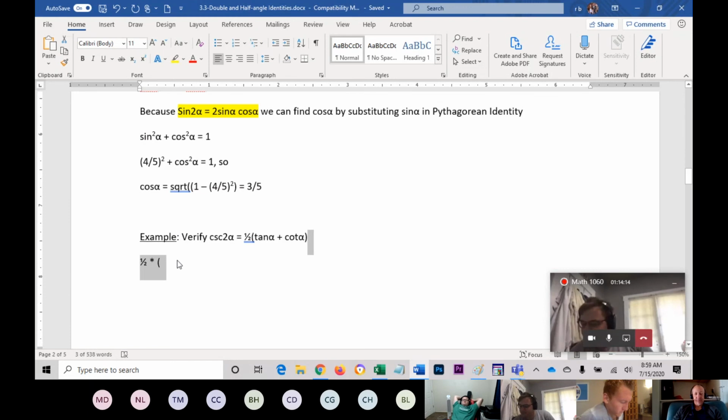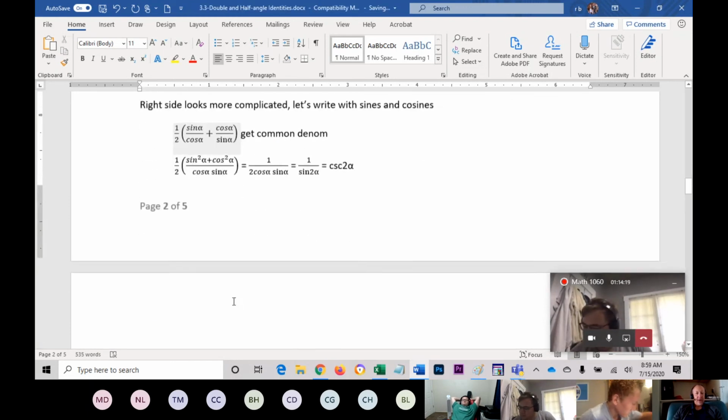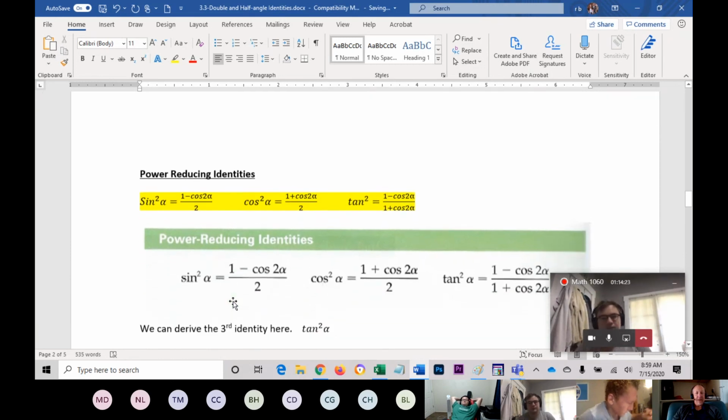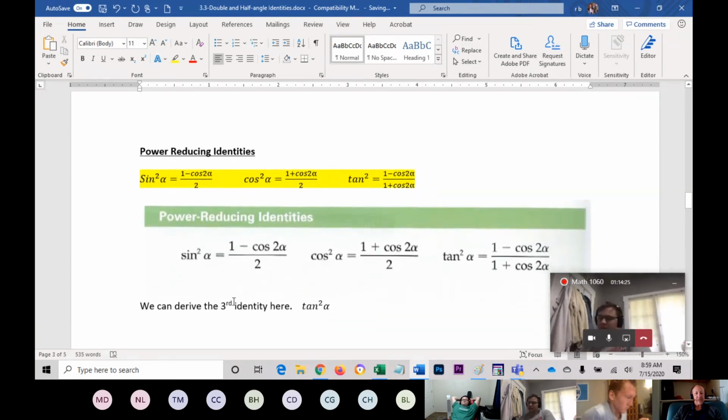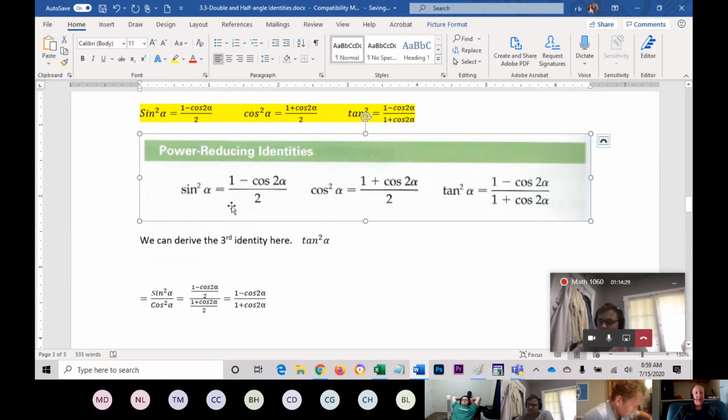All right. So there we are. Power reducing identities. Okay. So these are some more that you're going to want to memorize here. So the sine squared of alpha equals 1 minus the cosine of 2 alpha over 2.